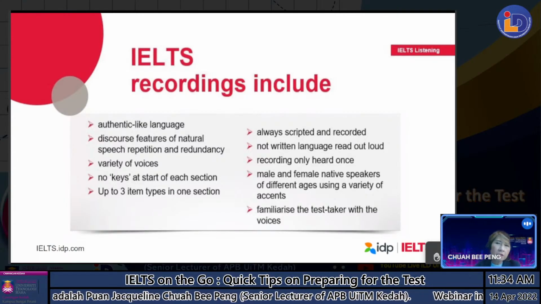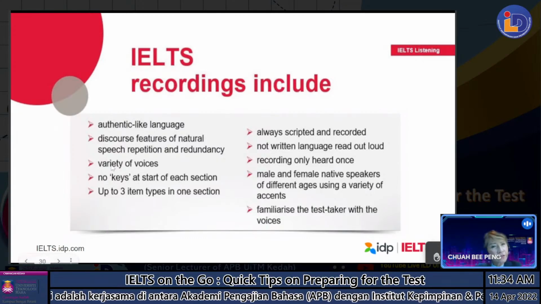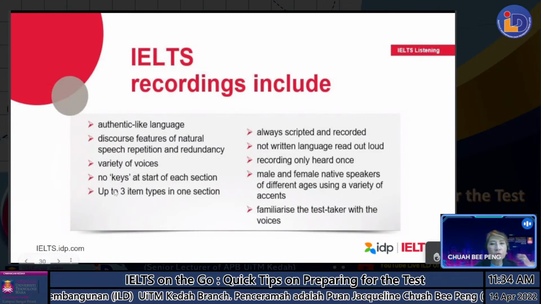Because it has to be natural, it's not rehearsed, it's not scripted. And there will be a variety of voices. You have male, female, adult, not really children, they don't really involve children, but maybe elderly and younger people, and so forth.